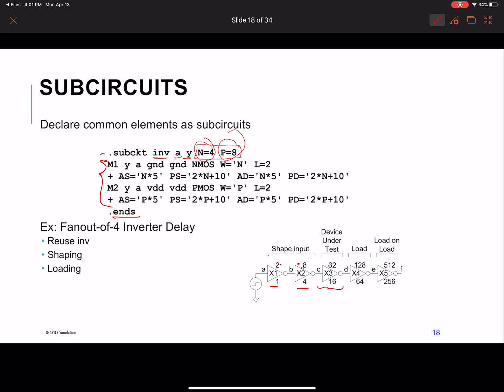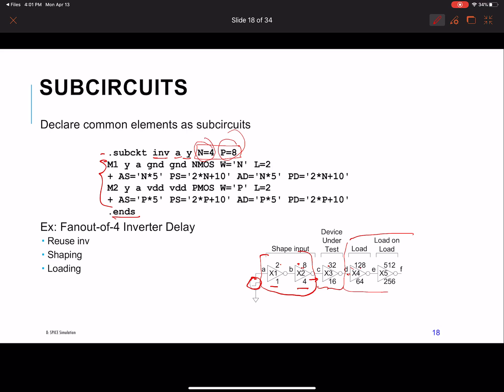These first two inverters are there to slow down the rise time from our source to something realistic going into this device under test. And then this is the realistic loading for the inverter, the output capacitance, and again it's gone up by a factor of 4 in size.